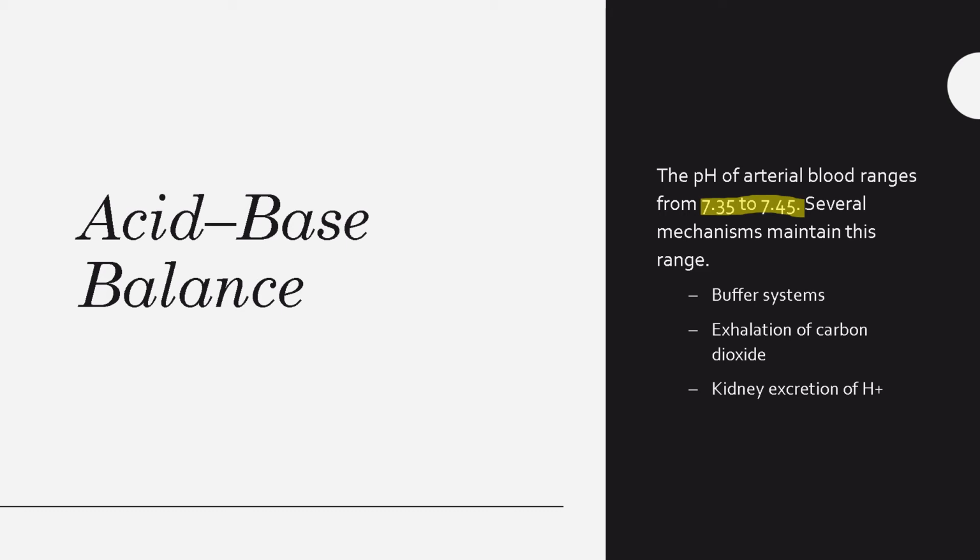It's very, very particular. Now, there are a lot of mechanisms that really help to maintain this pH. We will discuss each of these. So we're first going to go over buffer systems. Exhalation of carbon dioxide is another big one that helps to regulate the blood pH. And then also the kidney's excretion of hydrogen ions.